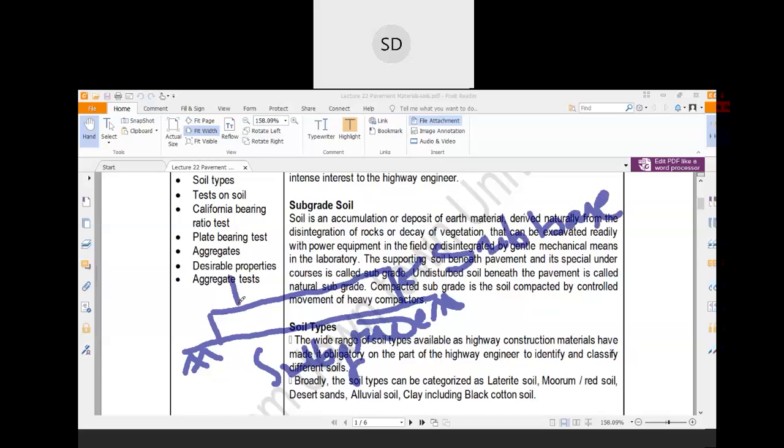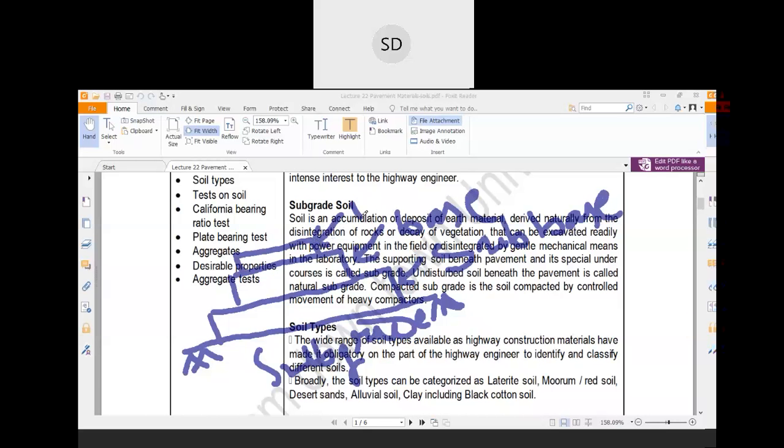Then another layer would be there which is also made up of aggregate but of a lesser size than the subbase layer. It is called the base layer. And above this, another layer of bitumen or cement concrete would be there.